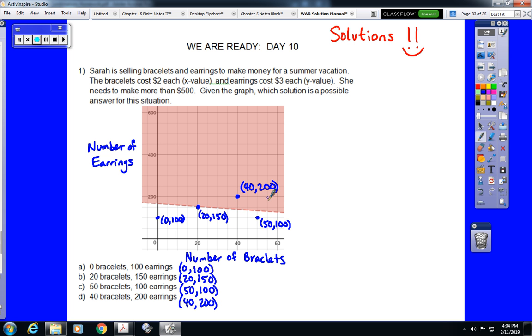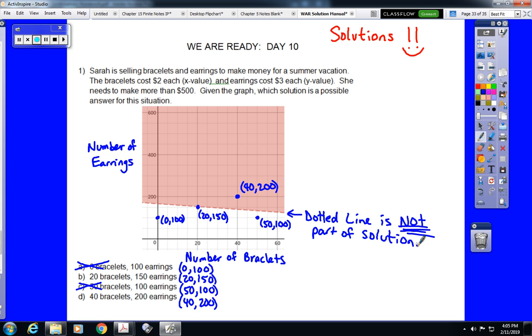Now, 2 of those points are clearly, definitely not in the shaded region. That's A and C. So you should use your answer eliminator right away and go, those are definitely not in the shaded region. But the other 2, one of them obviously is, and the other one kind of looks like it could be, which could be confusing. However, in the case of a dotted line, a dotted line is not part of the solution.